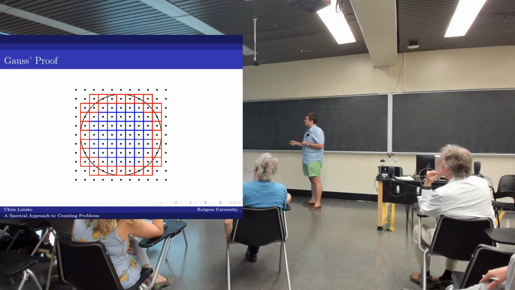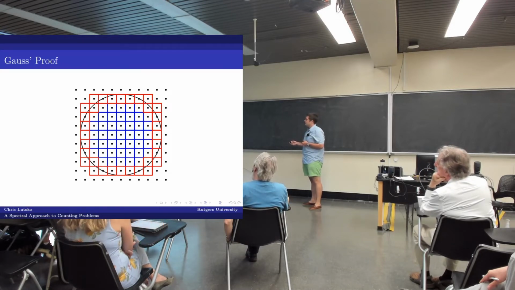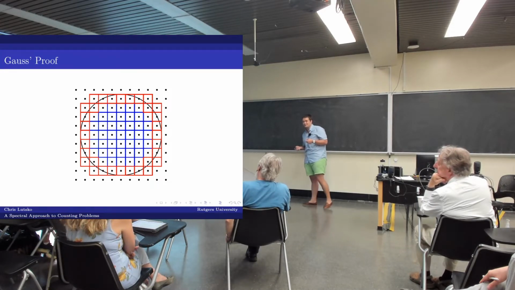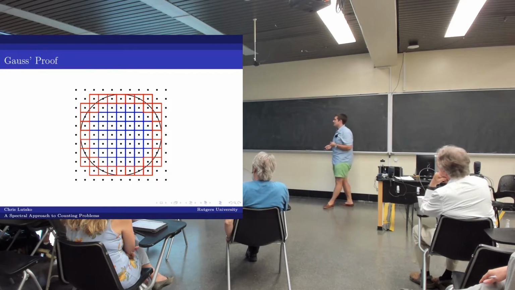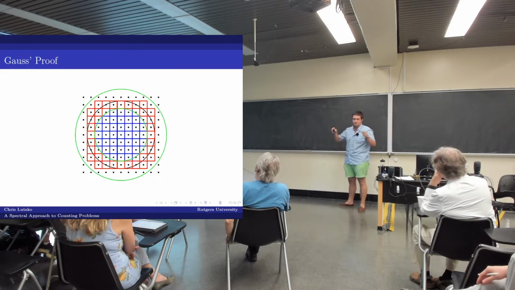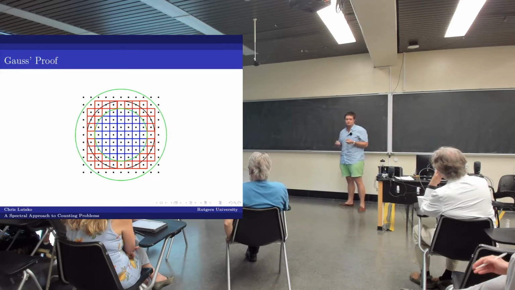Now if you want to estimate those two quantities, you can place them in a circle on the outside, and you can calculate how wide this strip is, and we know that the circumference of the circle is 2 pi r. That gives you your error term, which is proportional to the circumference of the circle.